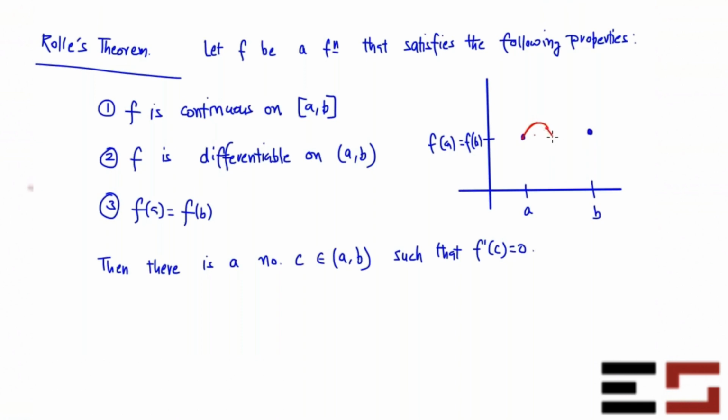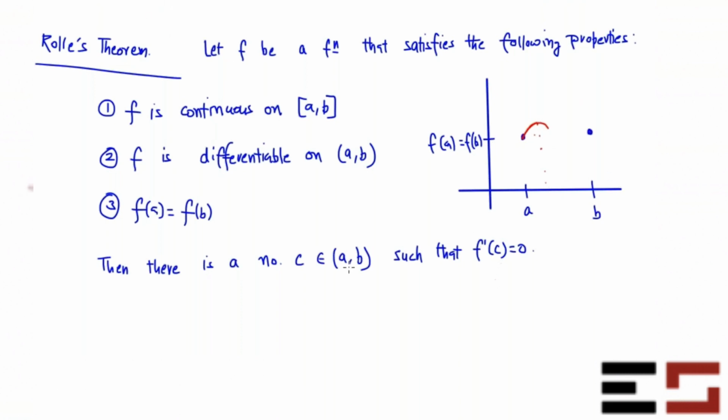It's possible that it might go down and then come back, but the key thing is that if it goes up then it must come down, and at the point where it does that, the derivative will be 0. So there'll be some c here where f prime of c is 0. That's one possibility.